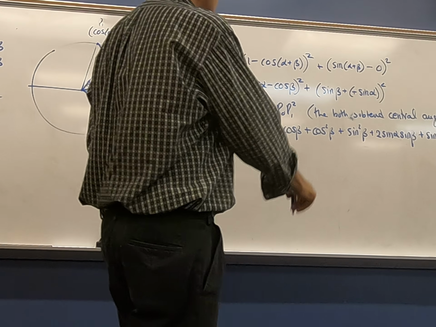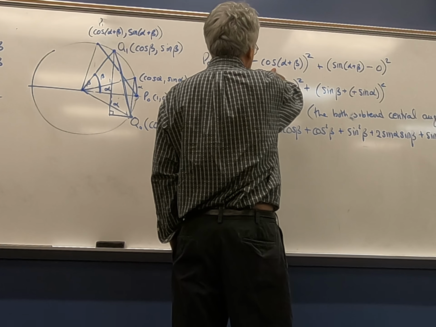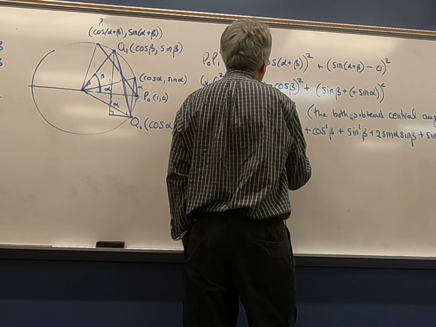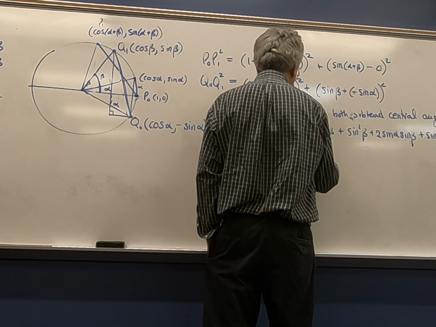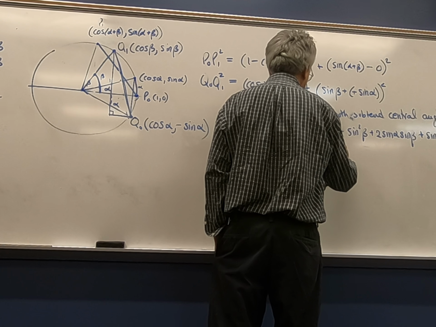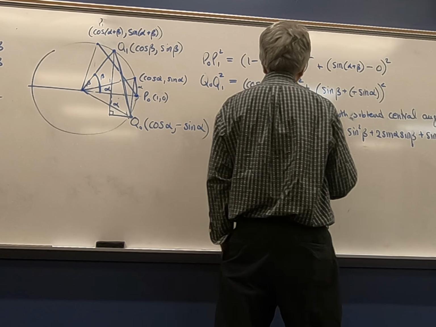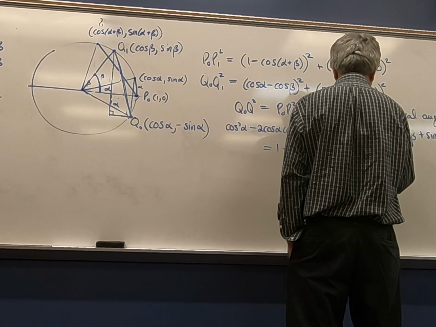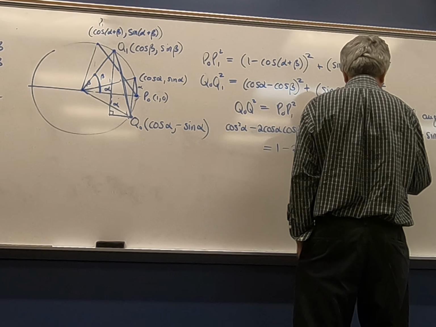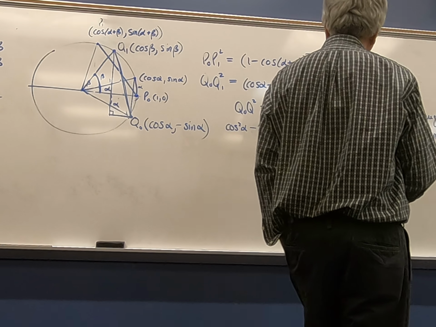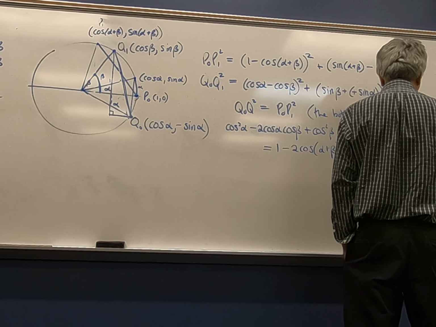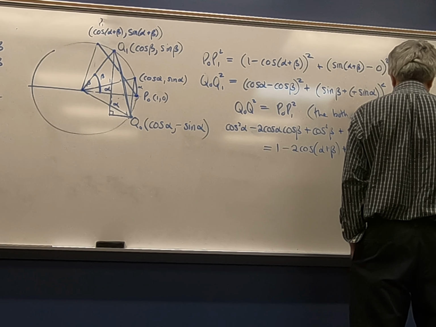And that's all equal to this squared, which is going to be 1 minus twice cosine alpha plus beta. Well, there's the cosine of the sum. Plus the square of the cosine alpha plus beta. And we're going to get the square of the sine from the second square, right?